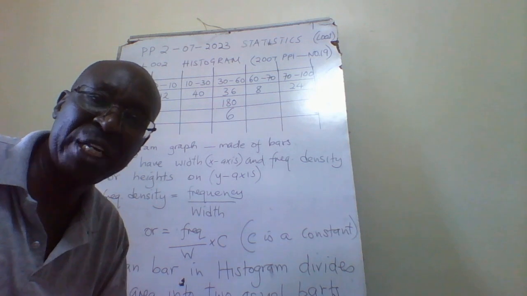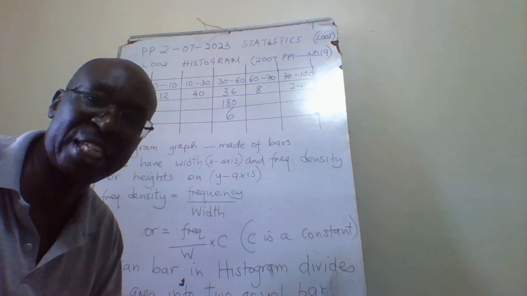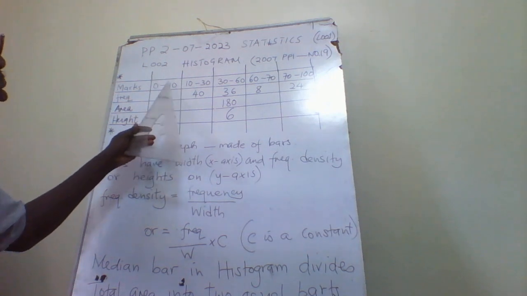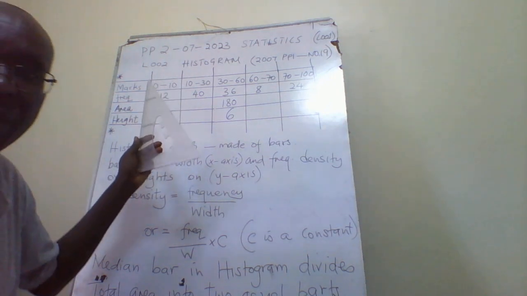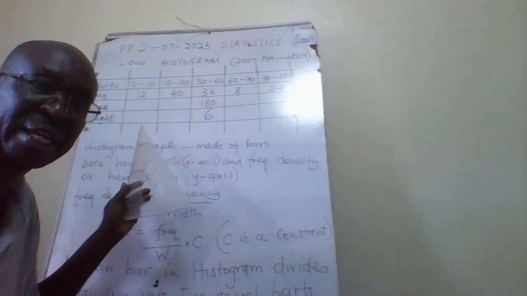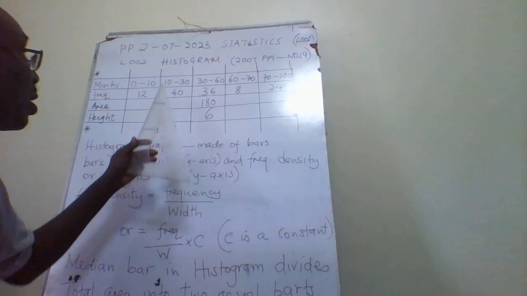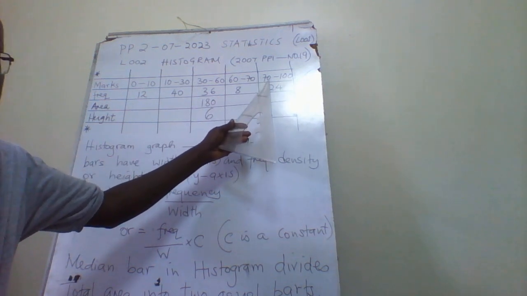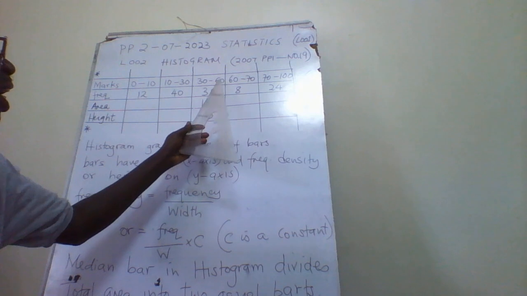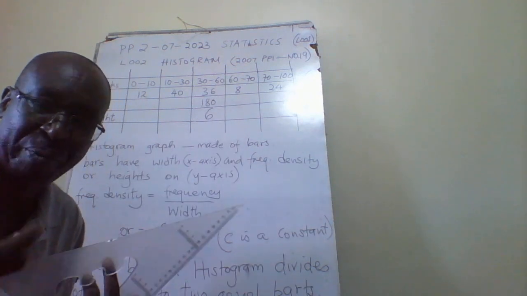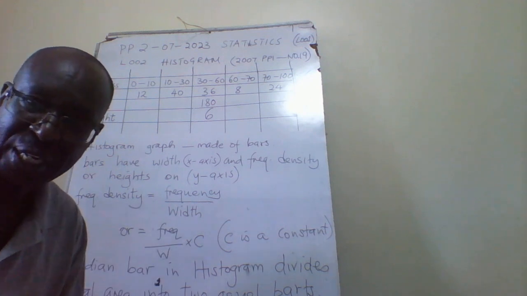Please understand that in such cases, the upper limit is normally these 2 divided by 2, so it will remain 10. This is overlapping. 70 is here, 60 is here and repeated again. So that is overlapping.